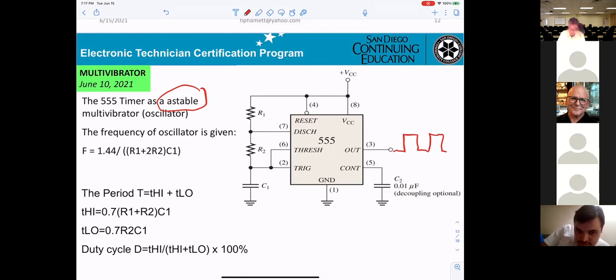Okay? And if you're looking in here, when you just turn it on, the current will be flowing here, charging R1, go to R1, R2, and charging for C1.